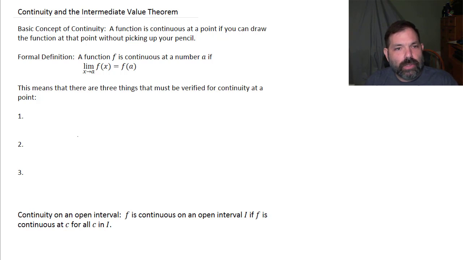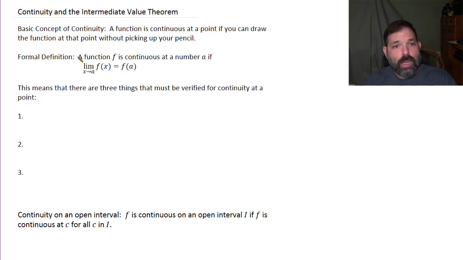A formal definition of continuity says that a function f is continuous at a number a, at a point, if the limit as x approaches a of the function is equal to the function evaluated at that a. So this gives us three things that we have to verify in order for a function to be continuous at that point a.